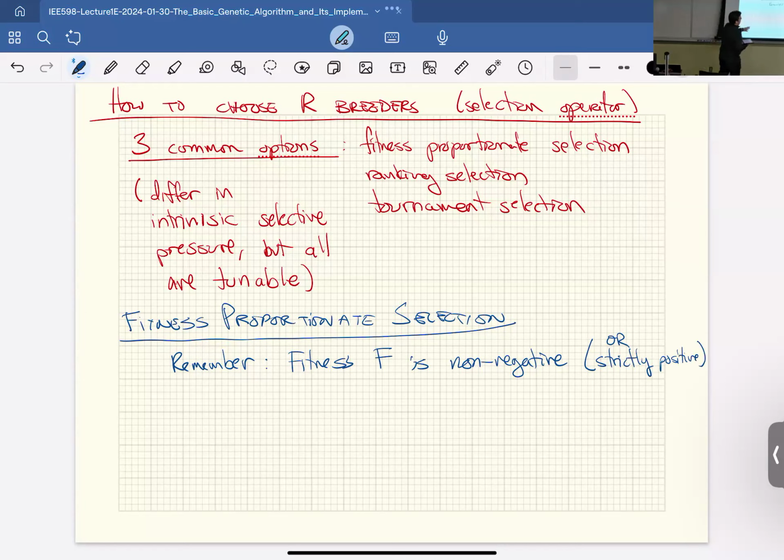So in your mapping from little f to big F, it's assumed that you know enough about little f to add something to it, or stretch it out, squeeze it, somehow get from little f to big F such that for all genotypes the GA could possibly walk over, big F will be, for simplicity, strictly positive.